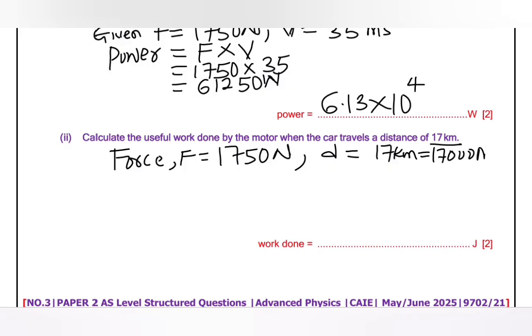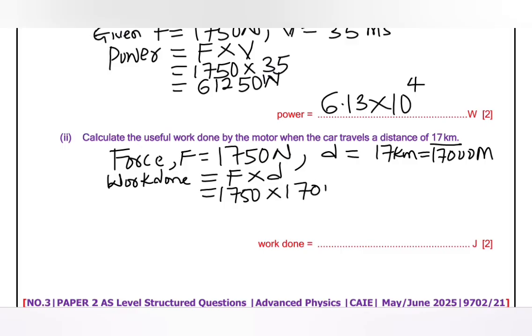17,000 meters. And from the definition, work done is the product of force and distance. Substituting values, we have 1,750 multiplied by 17,000.